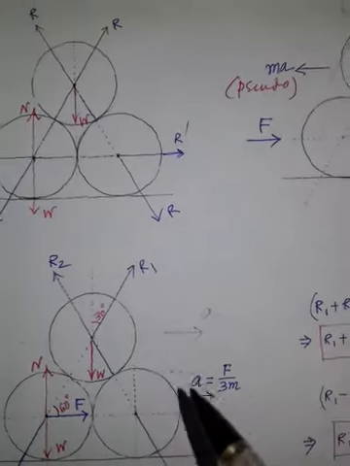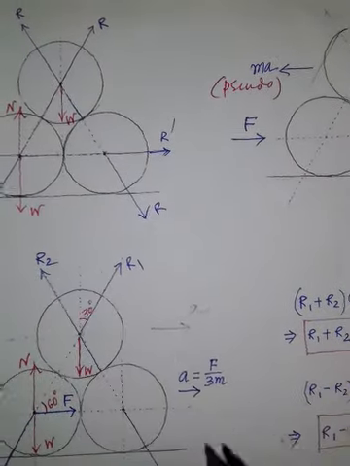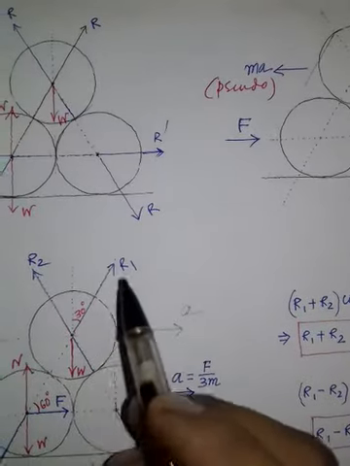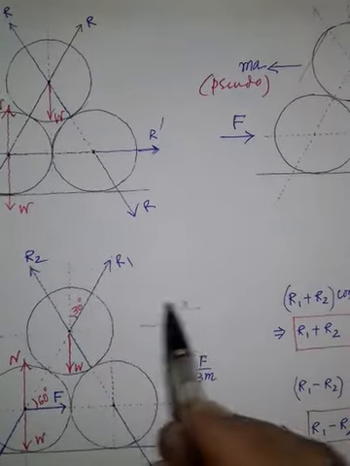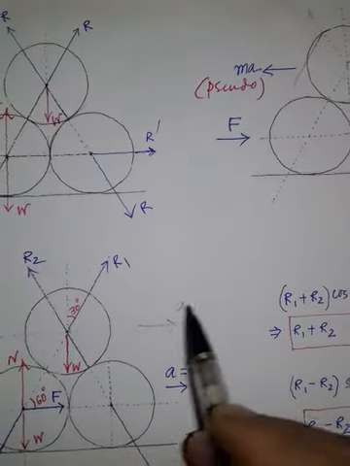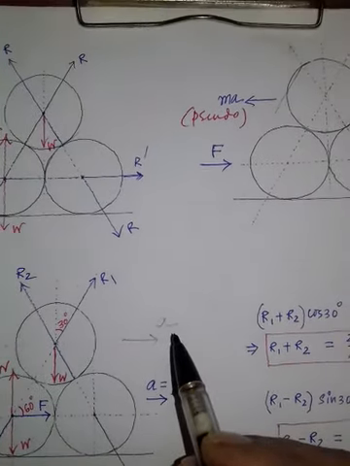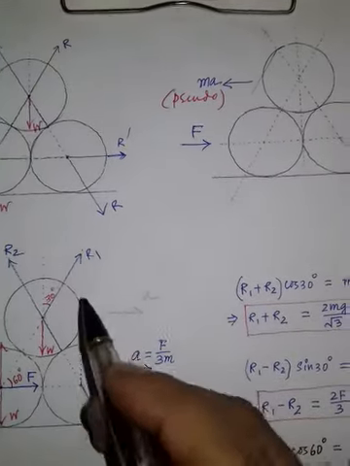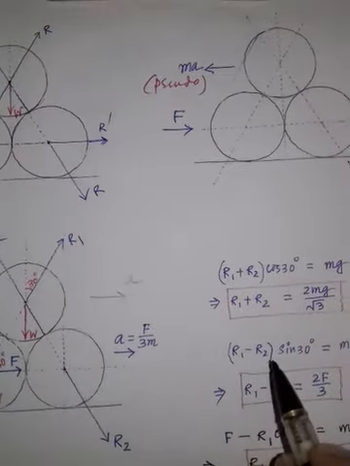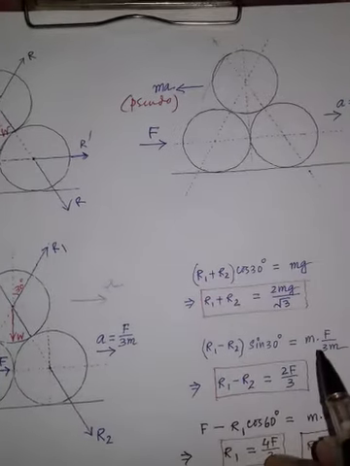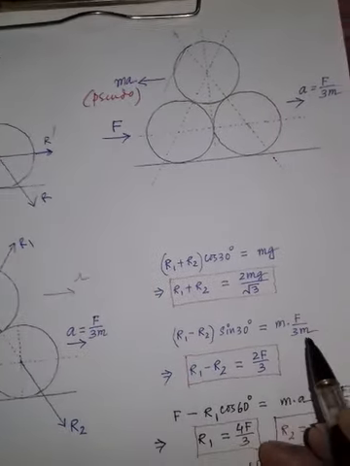For this upper cylinder, as R1 is greater than R2, the horizontal components of these two forces will make this upper cylinder move along this direction. So we can write the equation of motion as R1 minus R2 times sine 30 is equal to m into a, that is m into F by 3m.